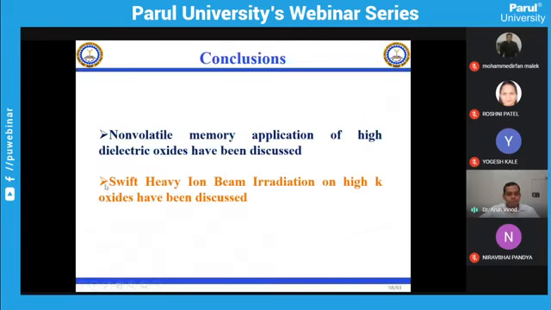To conclude, the non-volatile memory application of high dielectric oxides, HfO2, SiO2, and Al2O3 with gold, has been discussed, and swift heavy ion beam irradiation on high dielectric oxide films of MgTiO3 has been discussed.